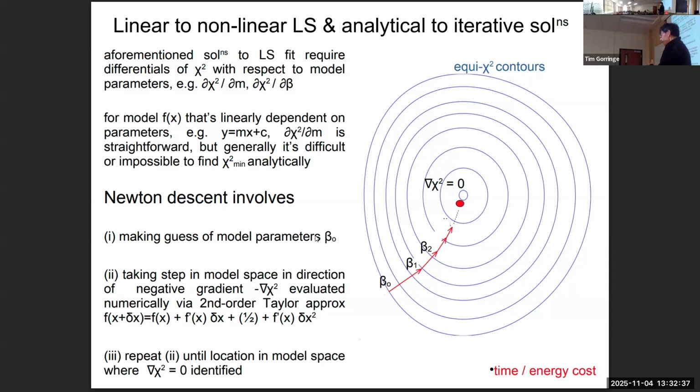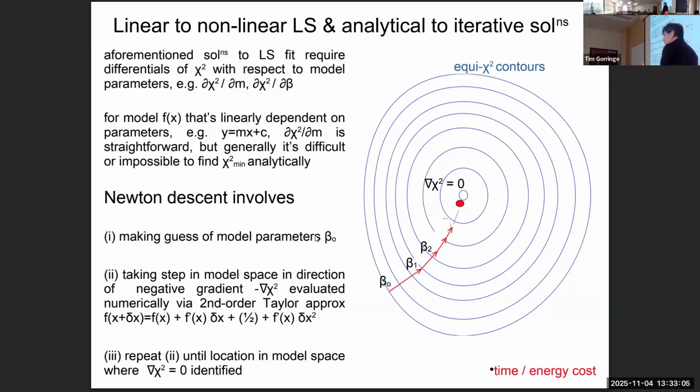Rather, we've got to find the minimum chi-square and the values of the best fit parameters by walking through, taking steps through the chi-squared space. And I'm just trying to give you a flavor of a whole world of different ways that scientists have developed for walking through chi-squared space to find the minimum.